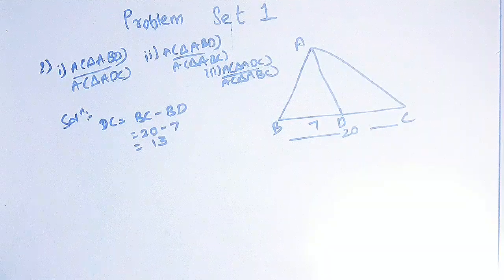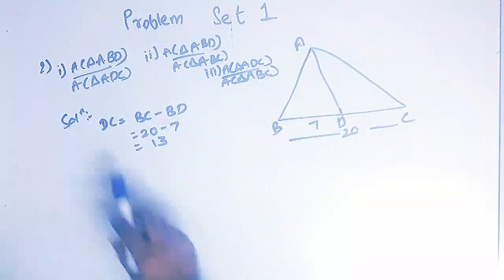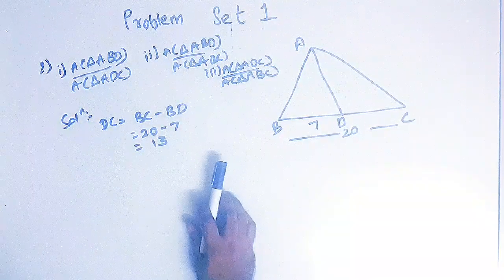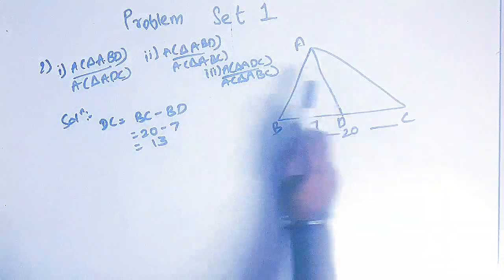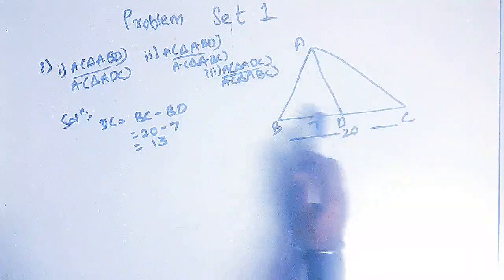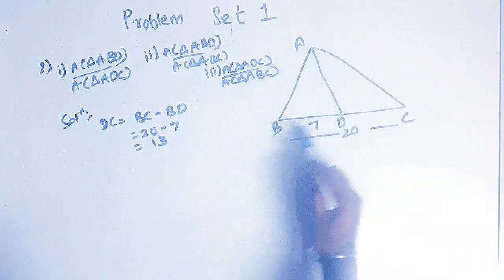Now, as you can see, they have asked us the ratio of ABD upon ADC, then ABD upon ABC, and then ADC upon ABC.